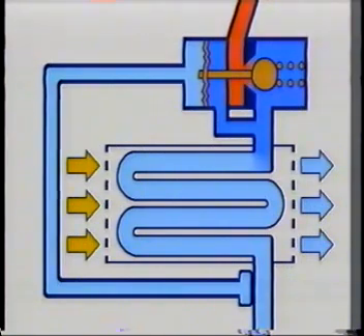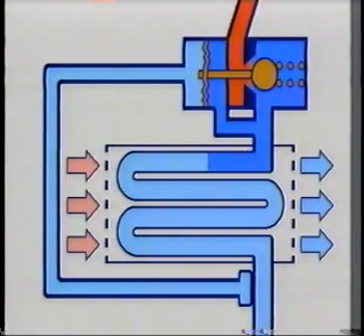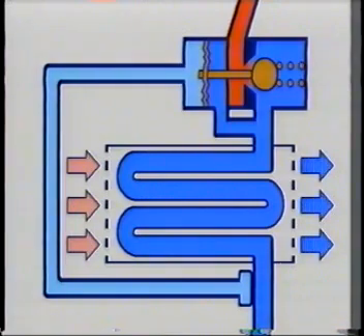On the other hand, when the temperature of the air in the passenger compartment is low, cool air passes through the evaporator. The temperature of the refrigerant at the exit of the evaporator drops as a result. The heat-sensitive tube sends a signal to the expansion valve.